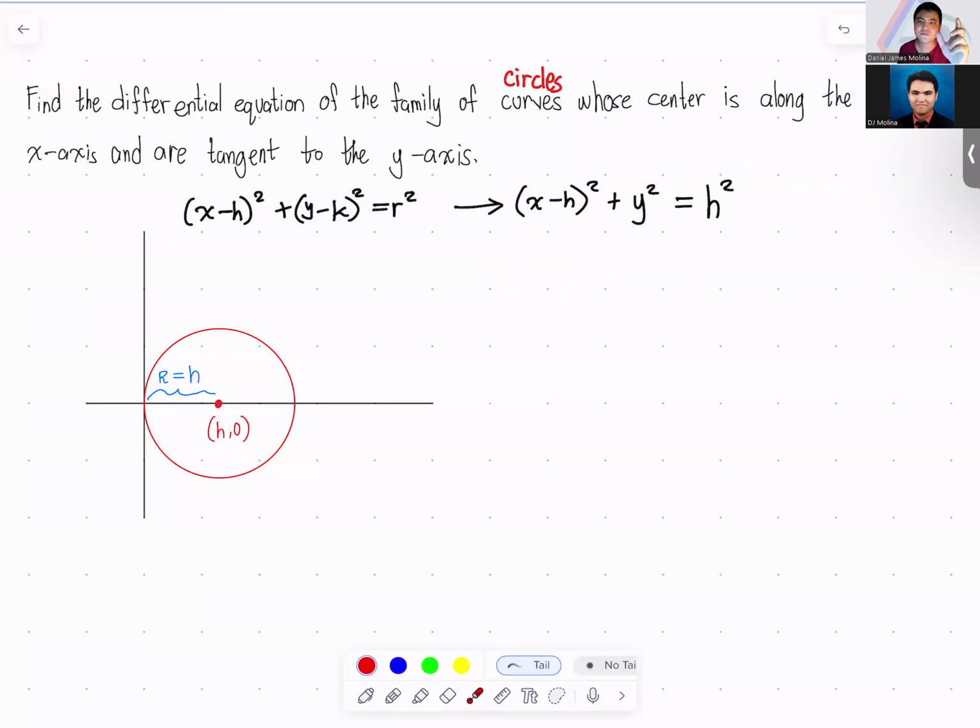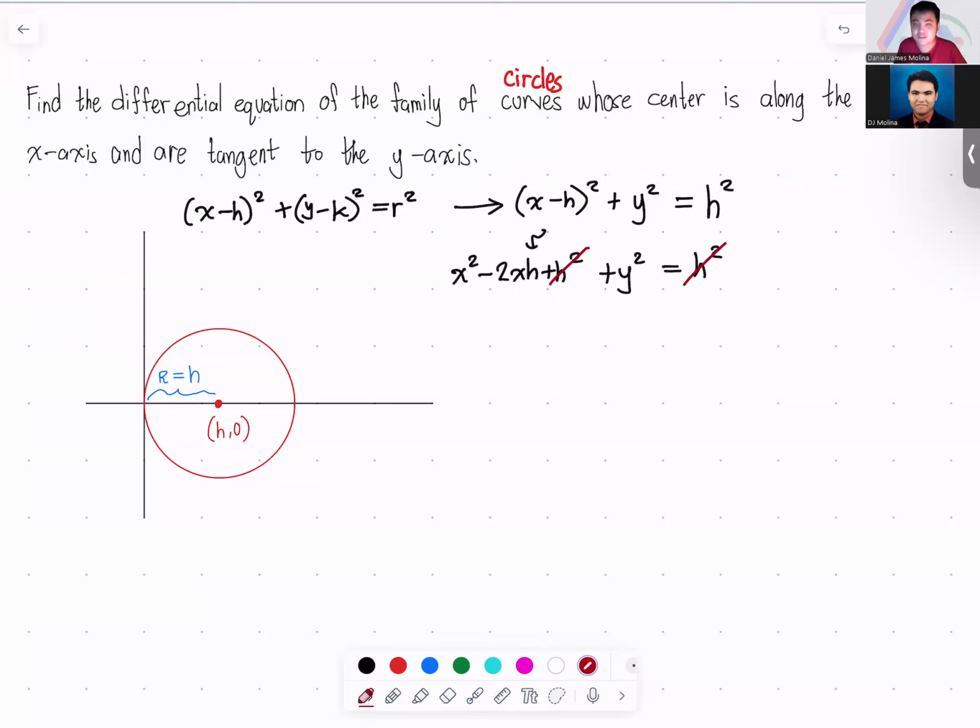So what we can do is simply to simplify this. Let's expand this term and see what happens. If we expand this using the binomial theorem, or just the square of a binomial, we have x^2 - 2xh + h^2 + y^2 = h^2.